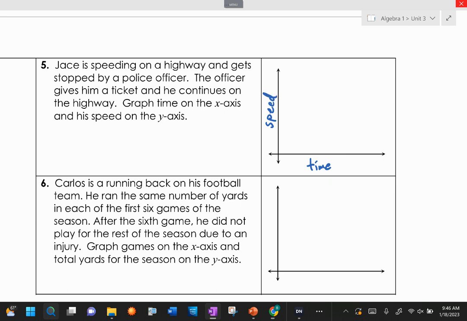Pay real close attention to the lines that you're drawing on the slowing down. When the car stops, does the car stop immediately? No, it has to slow down to a stop. So make sure that you show that with the graph. You can't just drop off a cliff.